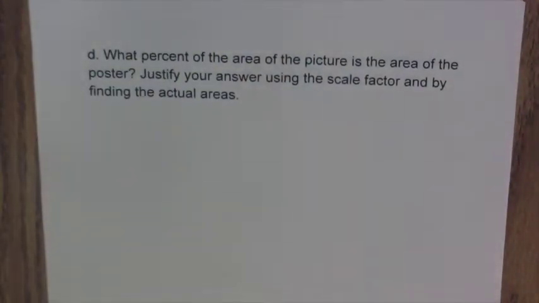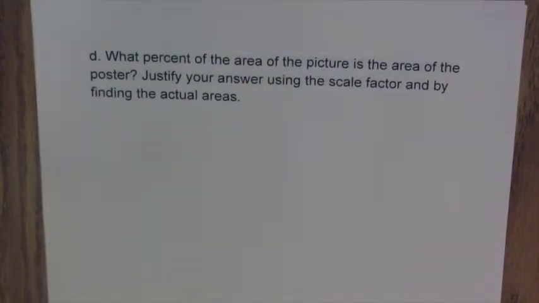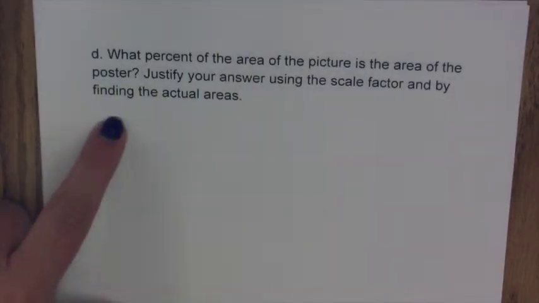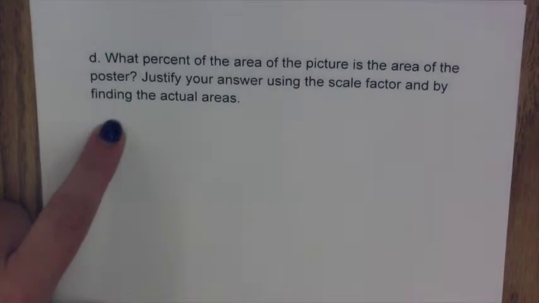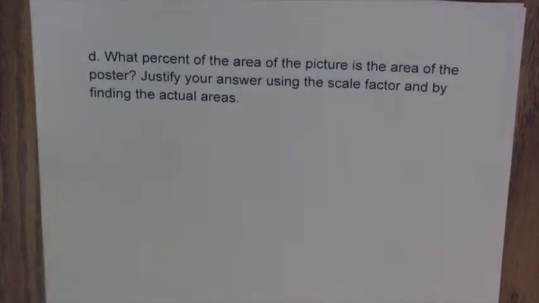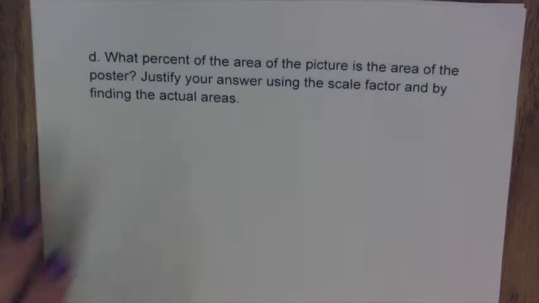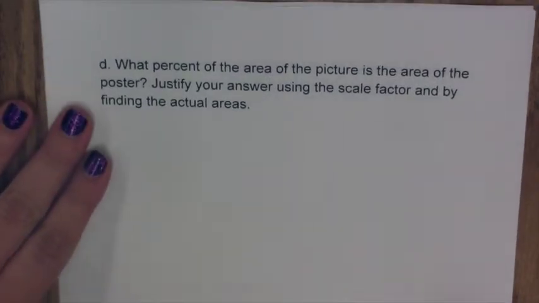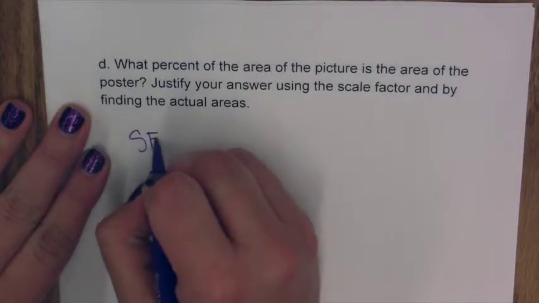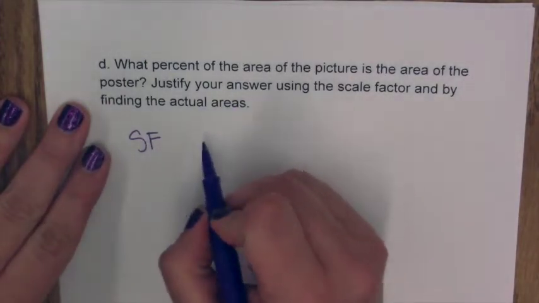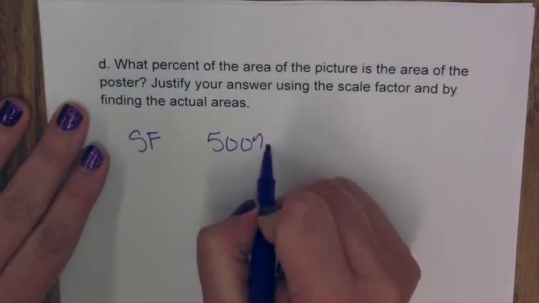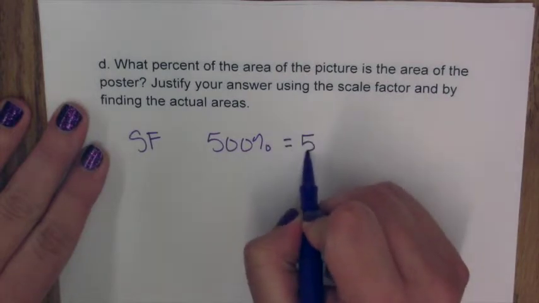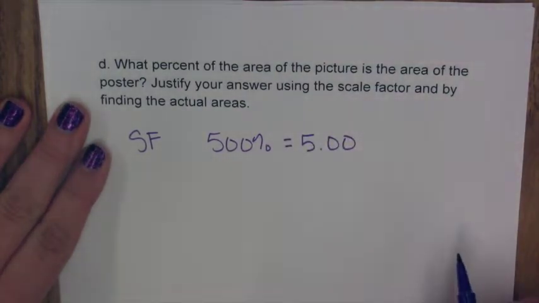All right, our next question says what percent of the area of the picture is the area of the poster? Justify your answer using the scale factor, finding the actual areas. All right, so we're going to start by finding our scale factor, which they gave us as 500%. And when we turn that into a decimal form is 5.00.